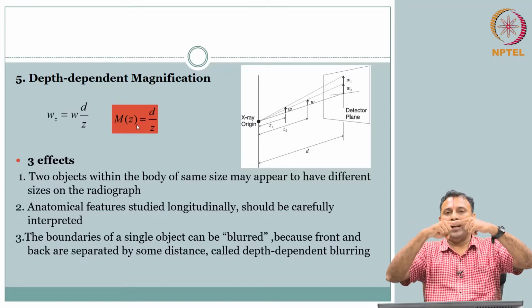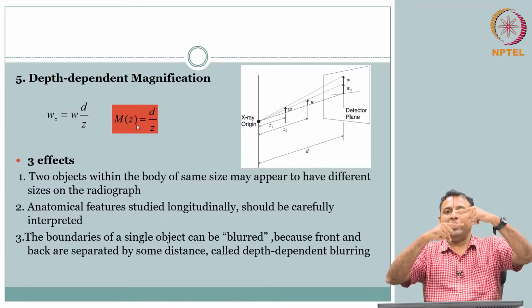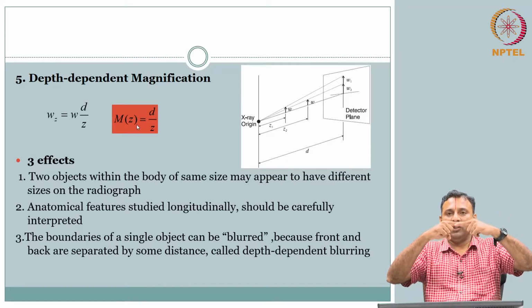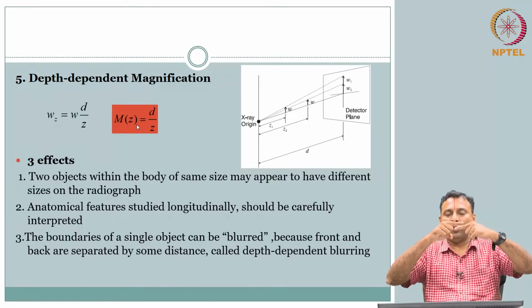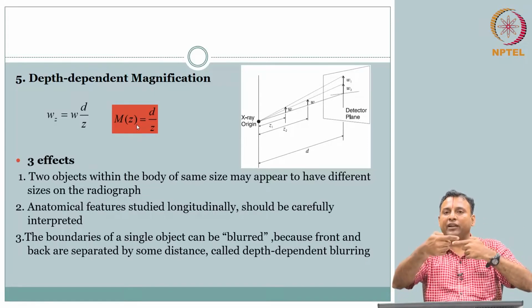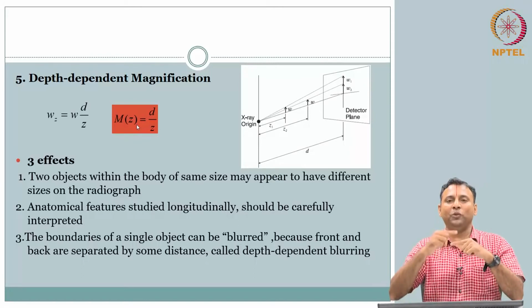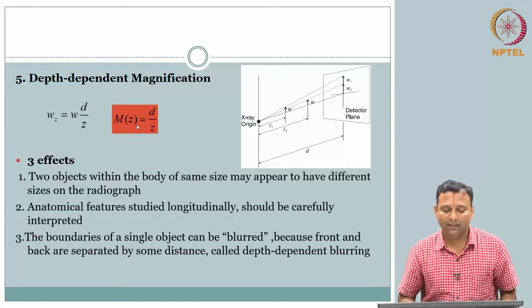So that means one edge is now blurred, right? You're going to see a blurred image of the edge because the front edge and the back edge of the slab are magnified differently, or projected at different heights, because they are at different depths, right? I think you should do this yourself to interpret it.